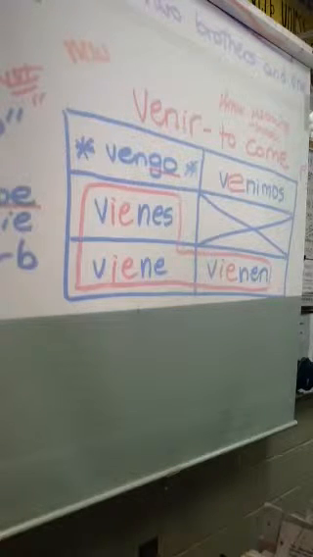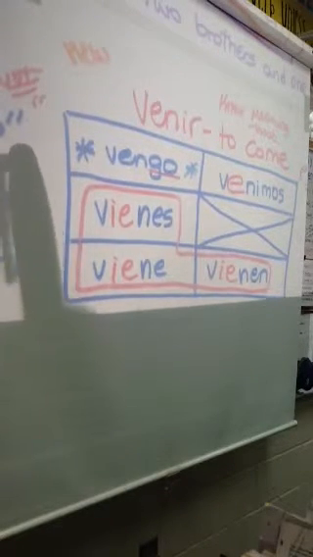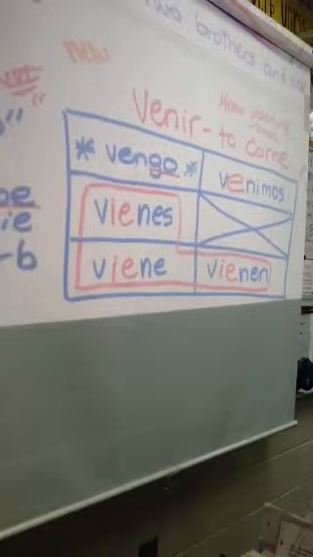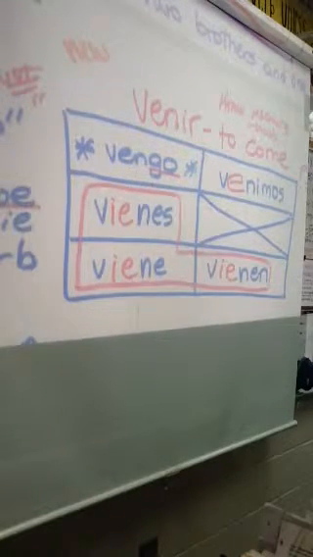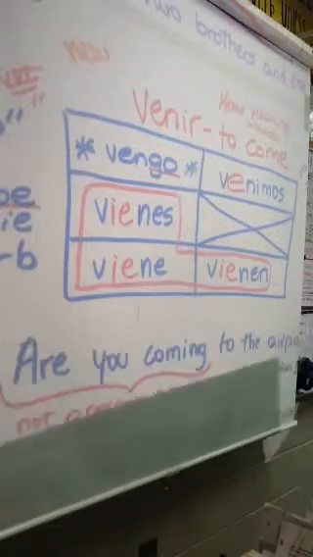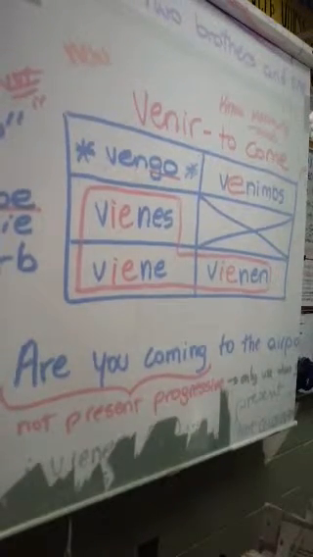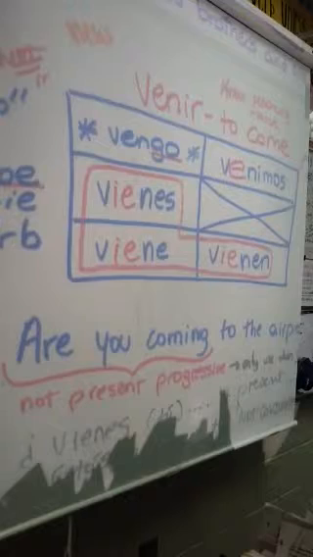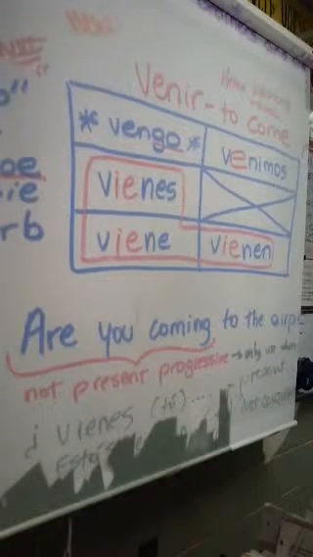So if you want to write down a note for yourself that it's a go verb and a shoe, E to IE, all the other ones we're going to do are going to be just go verbs. So just the yo form would be irregular, but this one has the IE change as well, just like tener did.